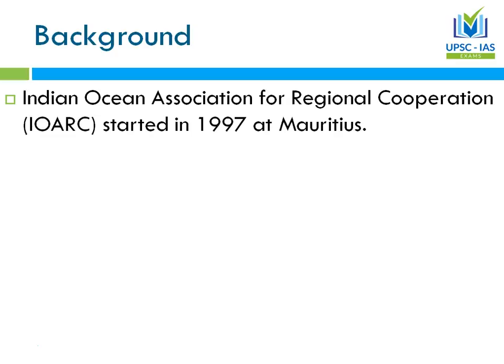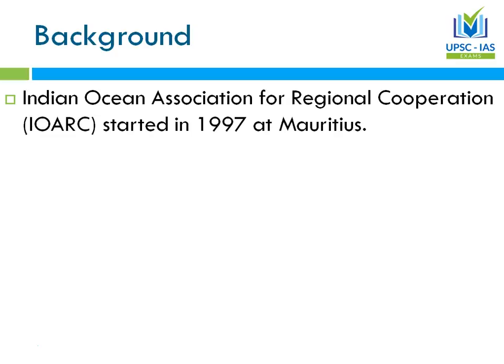Now, as I have told you, I'm sure many of you have made this a good habit of breaking down things, isn't it? Even if you hear any name, you break down that name. So let's break down Indian Ocean Association for Regional Cooperation.